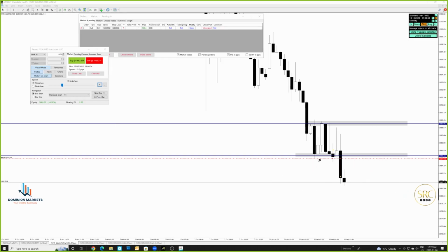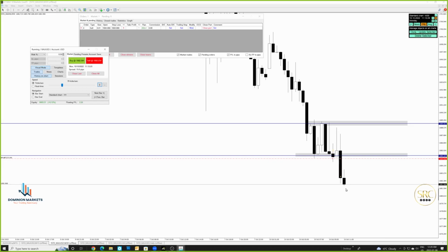So if you see a big candle leaving a zone and you're not a part of that trade, just look at that and ask yourself, how could you have been a part of that trade? Price went without you, so you have to understand how you could have been a part of that trade.